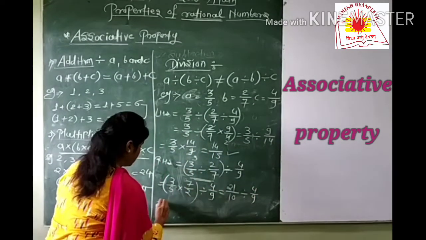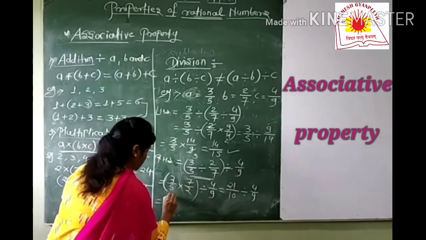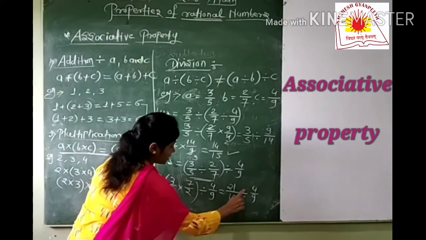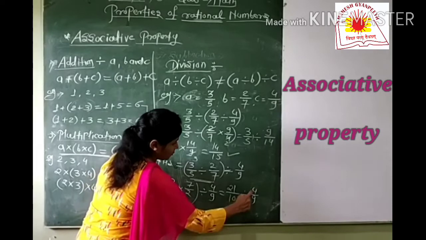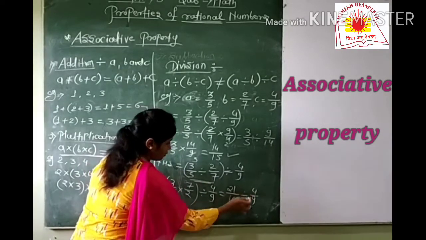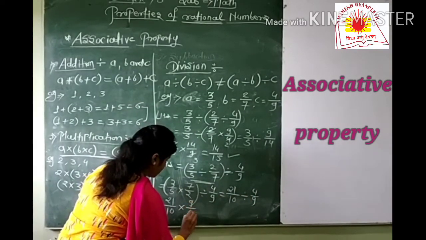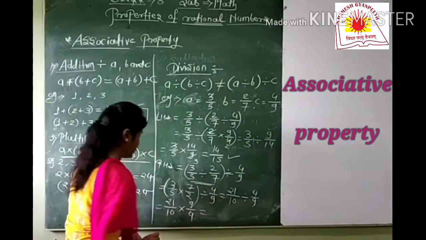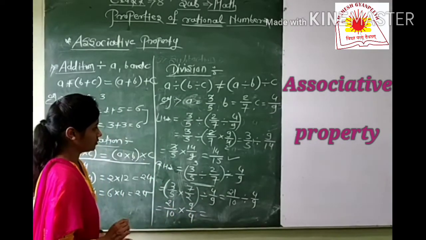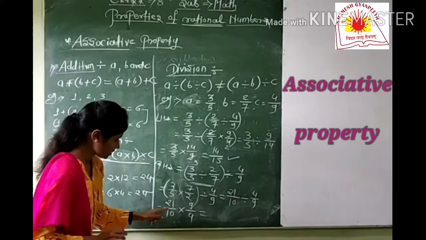Now again, 21 upon 10 is divided by 4 upon 9. Again you have to find the reciprocal. The reciprocal of 4 upon 9 is 9 upon 4. Is anything reducible now?